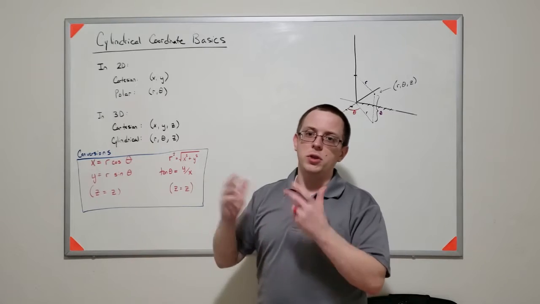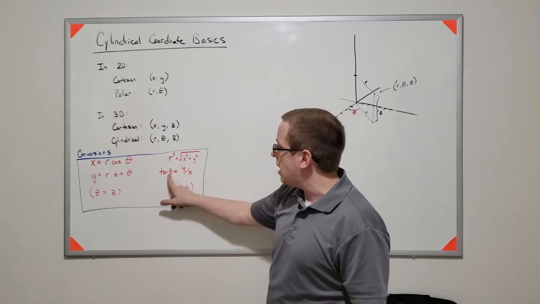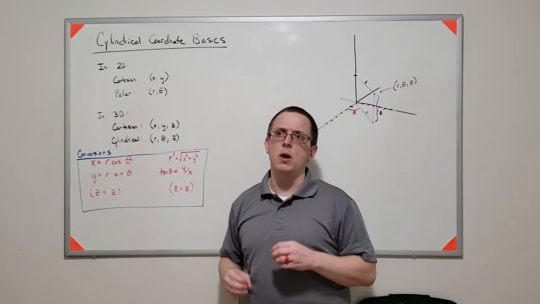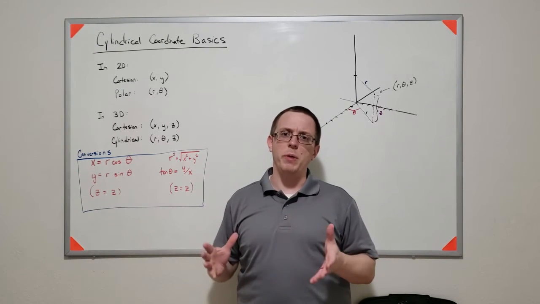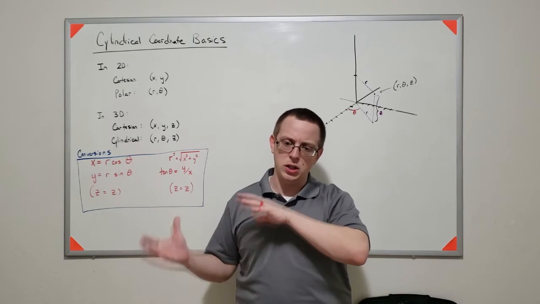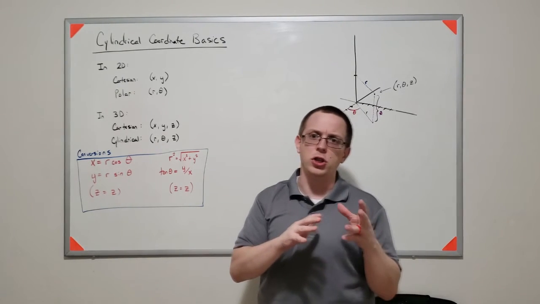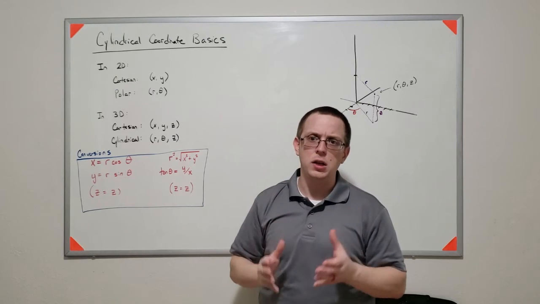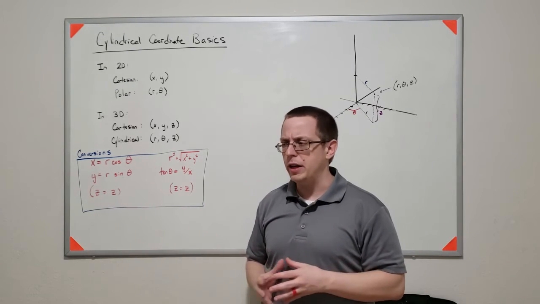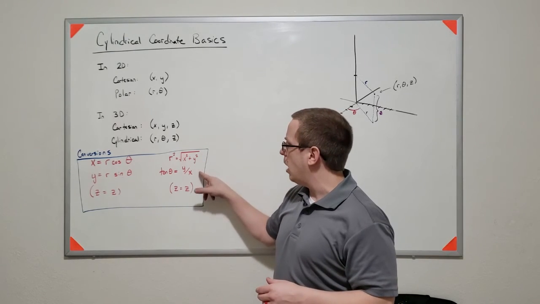Y over x is equal to the tangent of theta, and we don't usually say theta is the arctangent because there's some complications there. Remember that the arctangent is not a true inverse of the tangent function, so it has a restricted range of values that come out of it. So we need to be a little more careful.